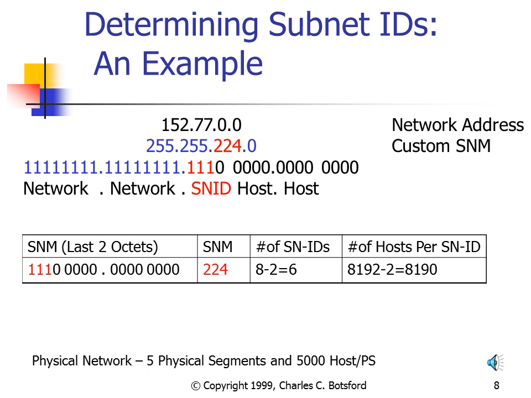This subnet mask would be used by all devices on our network, and we've chosen it because the subnet mask at 224 gives us a possibility of 6 subnet IDs and supports up to 8,190 host IDs per subnet ID. And that's adequate for our physical network, because we always have to remember that we have to have enough subnet IDs and enough host IDs to support the physical network.